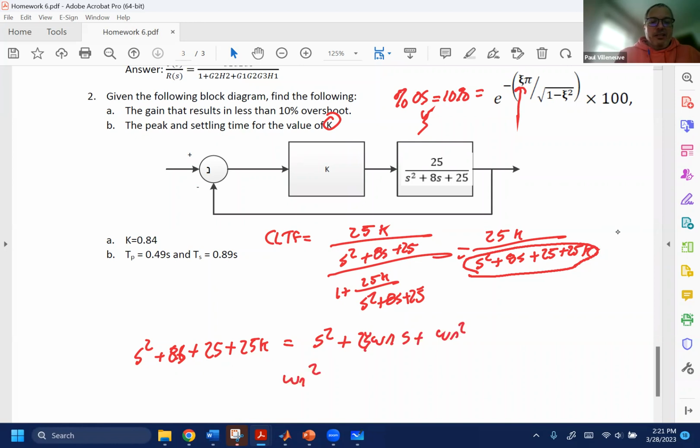So my omega sub n squared is equal to 25 plus 25k. You have that.